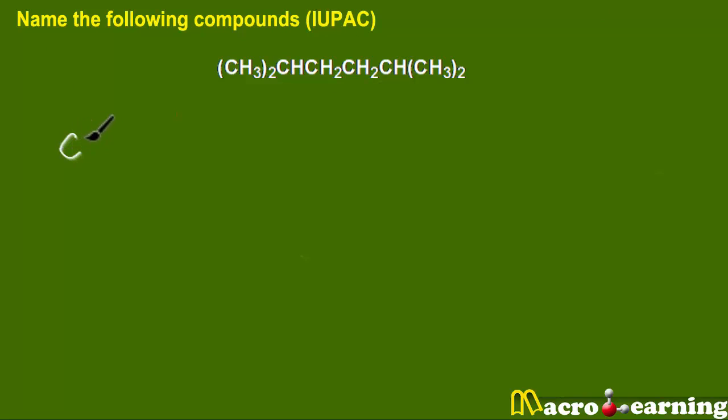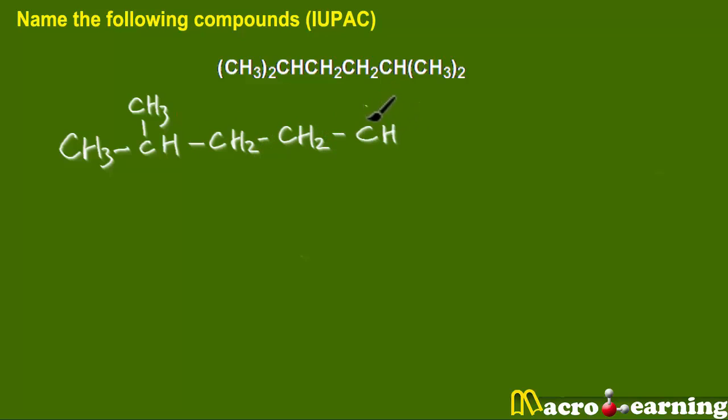Now it's 2 methyl groups on the CH, and 2 CH2 groups and another CH bearing 2 methyl groups. Okay, hope that makes sense to you. And from now on it's pretty straightforward.